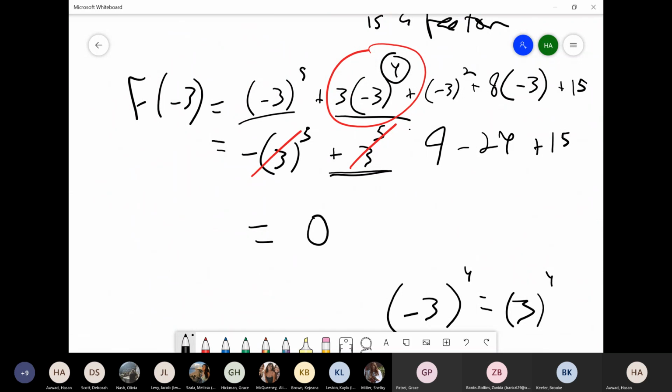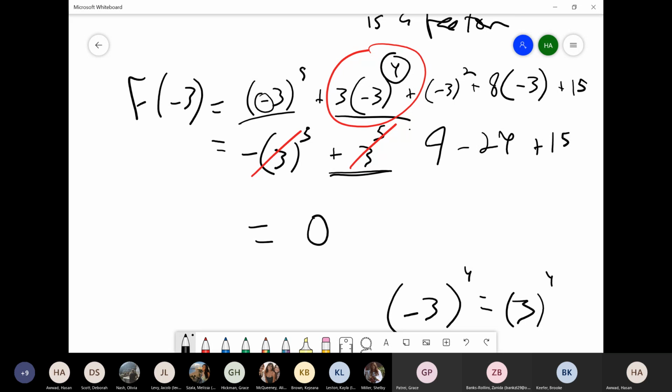And then for the negative side, well, the negative side is very similar to how I reduced the negative 3 to the 4th. Well, if I have a negative 3 to the 5th, that's going to be the same thing as if I had 3 to the 5th, but just a negative on the outside. The reason is because, again, I know that negative 3 to the 5th is always going to give me a negative number, because if I have one negative and I am multiplying it 5 times, right?